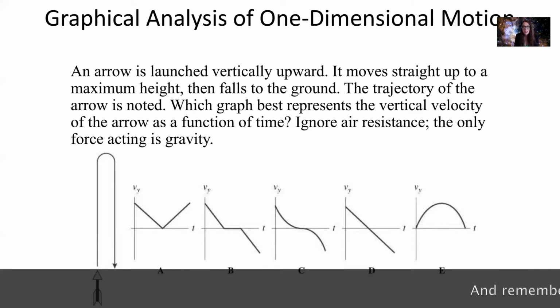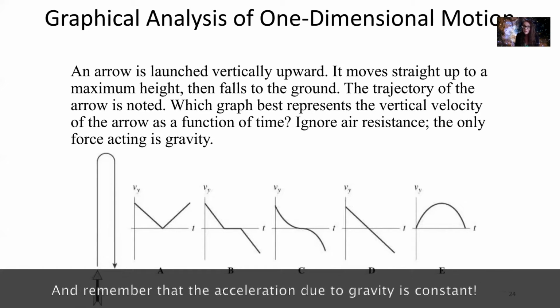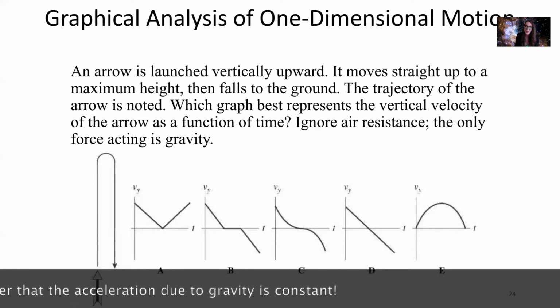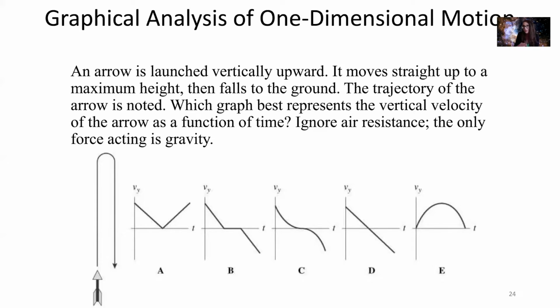So this would indicate that the rate of change of velocity is not constant. If the acceleration is constant, that means that the rate of change of velocity is the same, okay? That means that our velocity graph has to have a constant slope, okay? And so we know then that D must be the answer here, because our velocity is impacted by the acceleration.